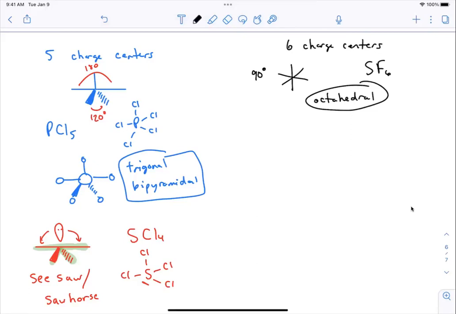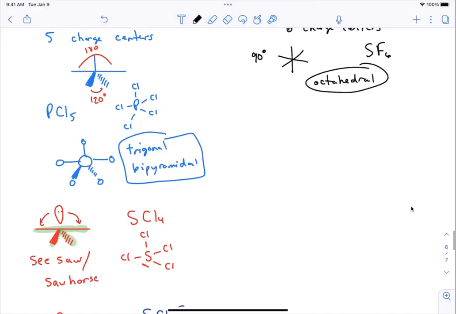Okay, so that's a good start. SF5 minus. That means S with a lone pair and then 5 Fs next to it.